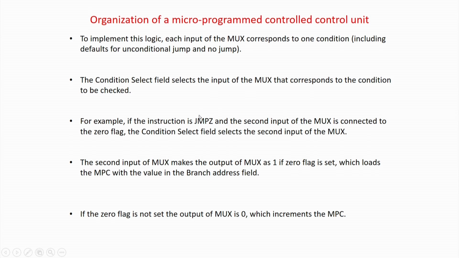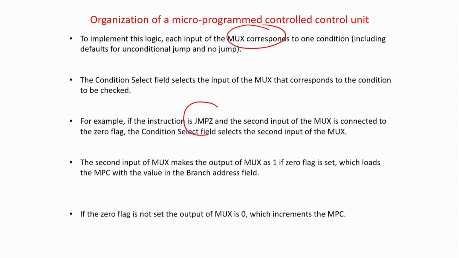Whatever I have told you is actually written in the slide. To implement this logic we use a multiplexer. The multiplexer corresponds to jump unconditional, jump conditional and just increment. If it is a jump on 0, some 0 flag has to be checked.